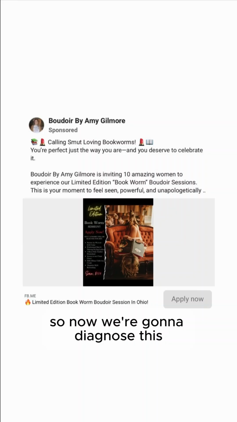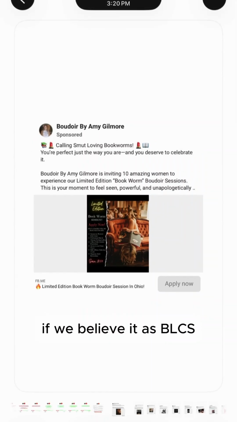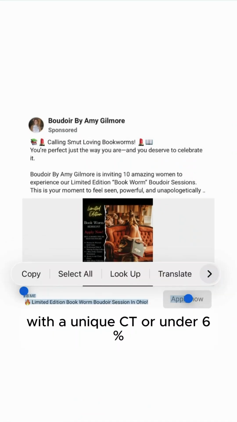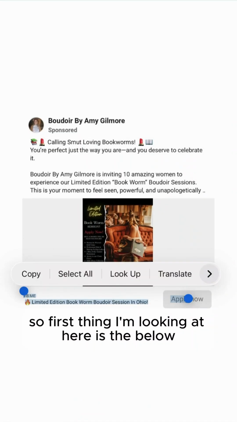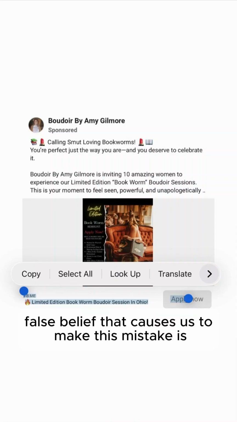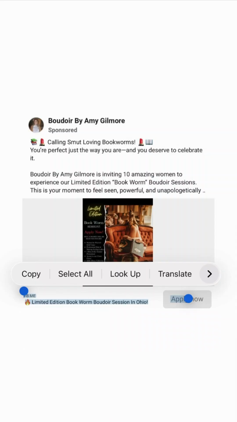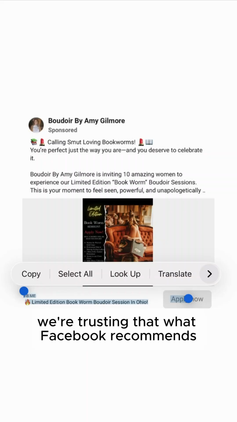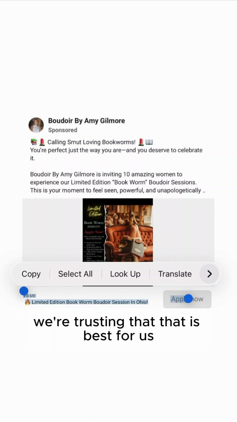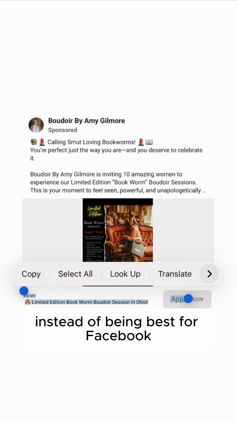So now we're going to diagnose this, if we believe it has BLCS, aka Boudoir low click syndrome, with a unique CTR under 6%. First thing I'm looking at here is the below creative cluster mistake. The false belief that causes us to make this mistake is we're trusting that what Facebook recommends for us to fill out in our ads, all these fields they give us, is best for us instead of being best for Facebook.